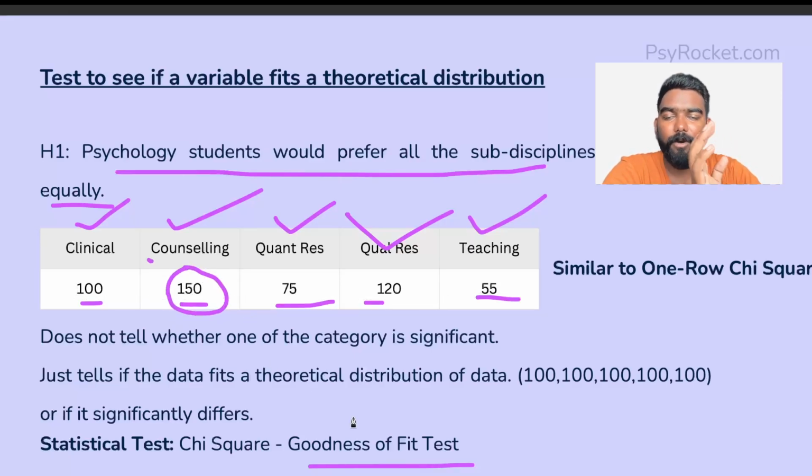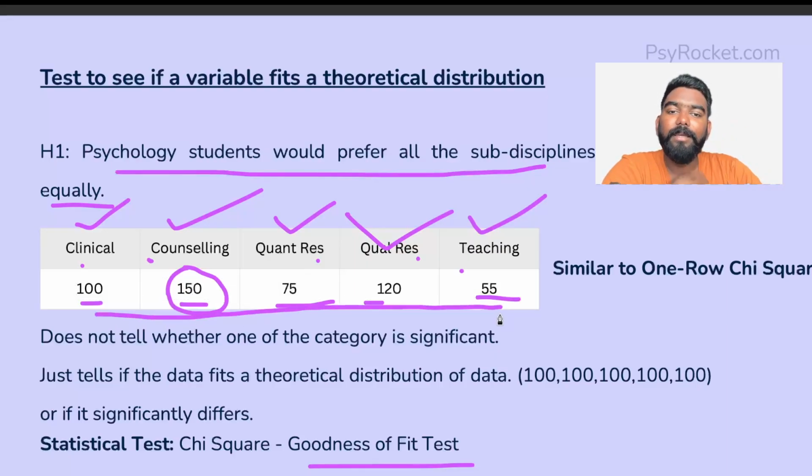You will not know with this analysis whether counseling has a significantly higher interest from psychology students when compared to others. No, we will not know such results. What we will know is whether the distribution that we got fits the theoretical or expected distribution.